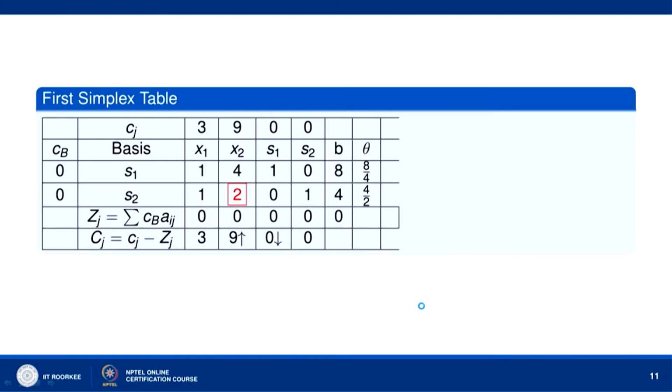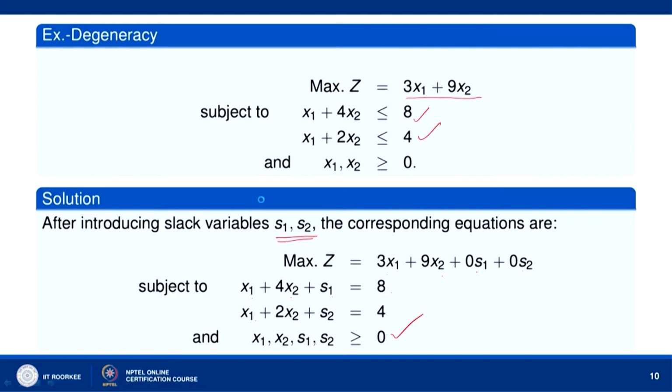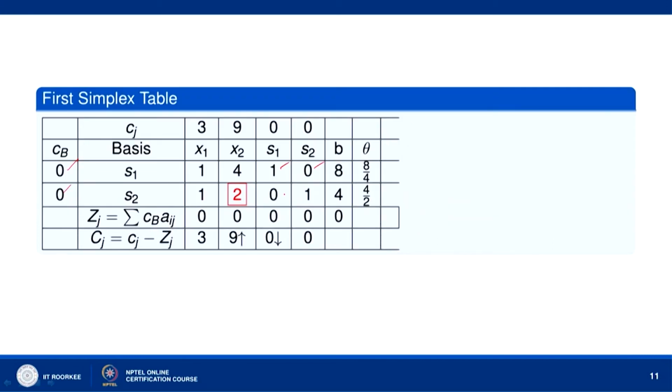Now, we can write the simplex table. So, coefficients of x 1, x 2 are 3, 9, coefficients of s 1, s 2 are 0, 0, basis variables are s 1, s 2, their coefficients in the objective function are 0, 0, the body matrix is 1 4, 1 2, and the unit matrix is 1 0, 0 1.